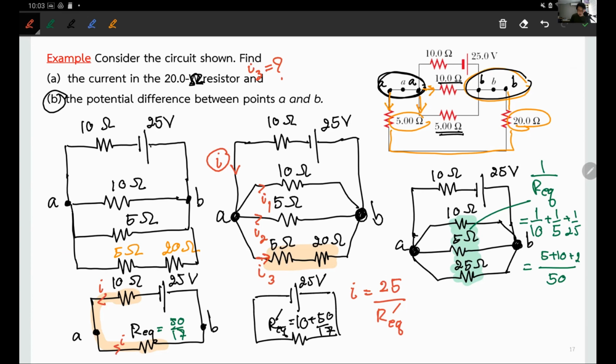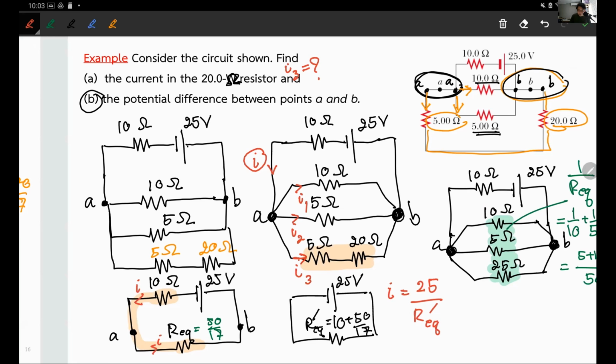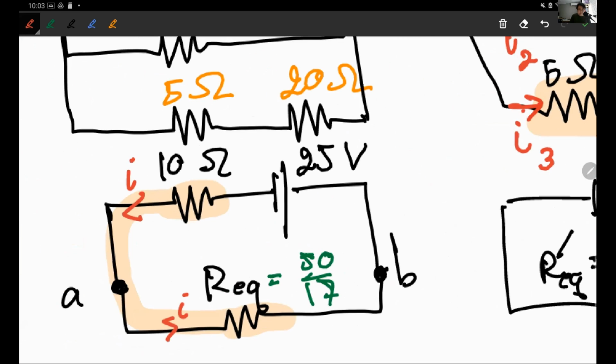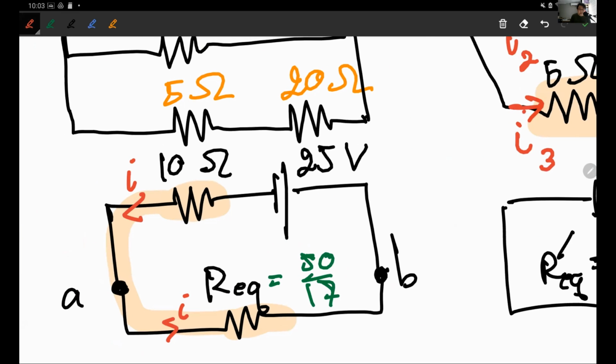If you look at the bottom left circuits, you can calculate the potential across point A and point B right away. Because V_AB is just I, your total current in the system, times R equivalent from the previous circuits.